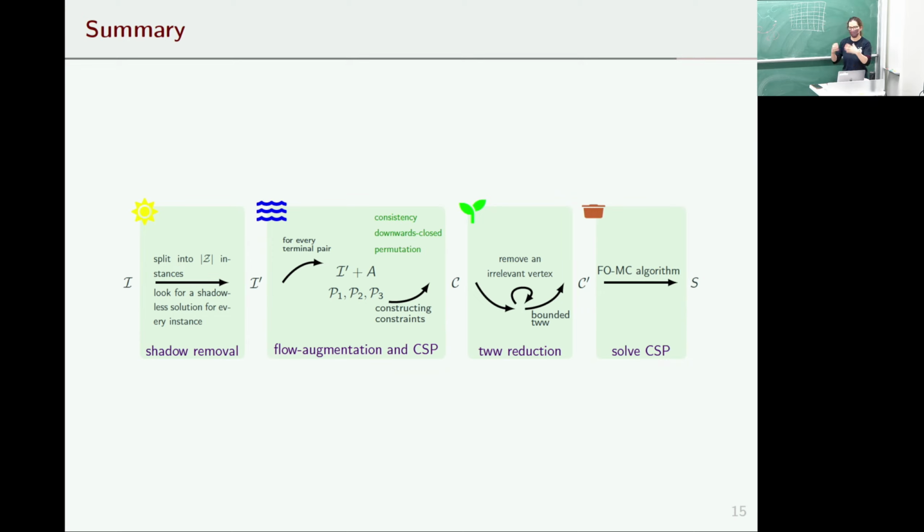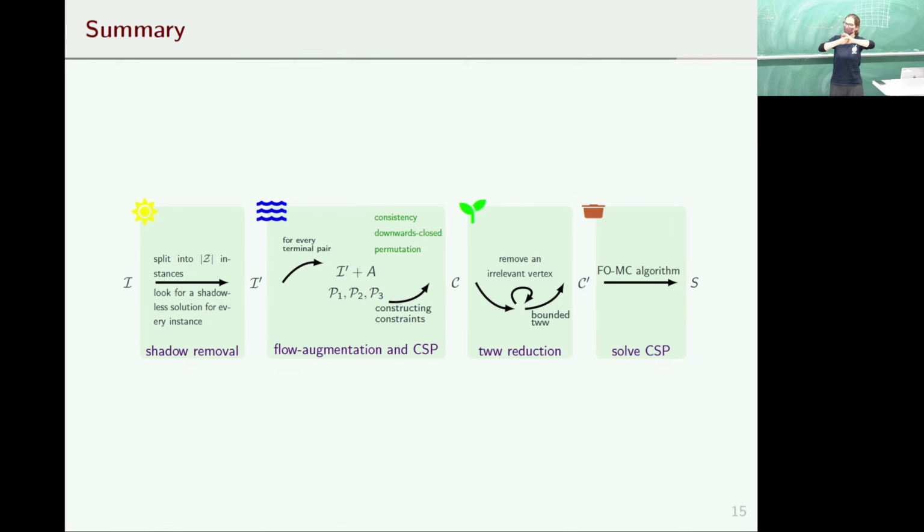Then for each such new instance, I do this flow augmentation 3 times, getting 3 sets of arcs I add, and then cast them all together into one large CSP.